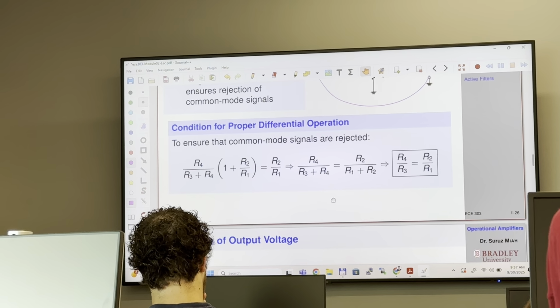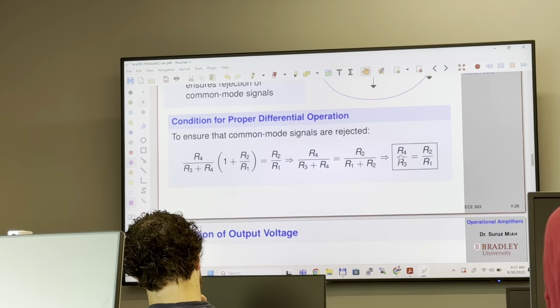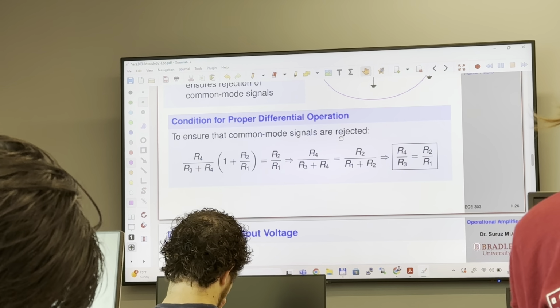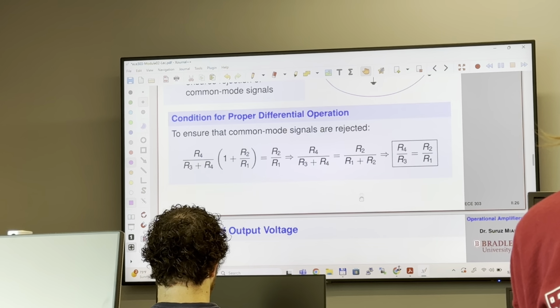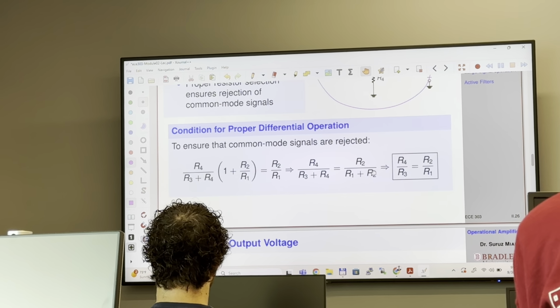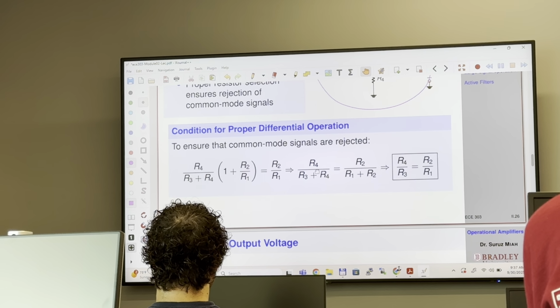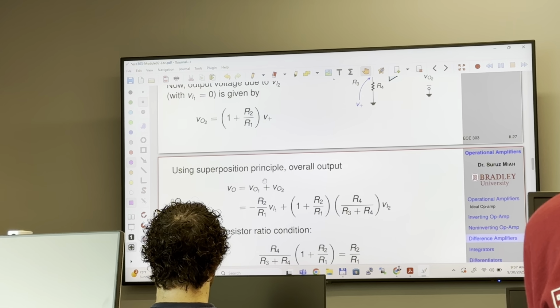You can directly bring this condition in your formula sheet, proper differential operation, and also the derivation.